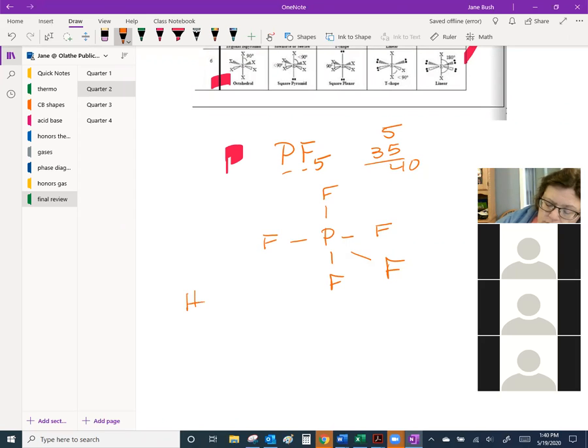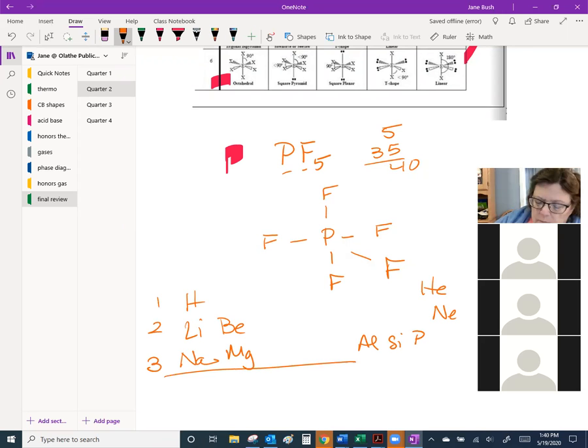You have hydrogen and helium in the first one, and the second one is lithium and beryllium and so on, and neon. The third one has sodium and magnesium, then aluminum, then silicon, and then phosphorus. So phosphorus is in the third family.